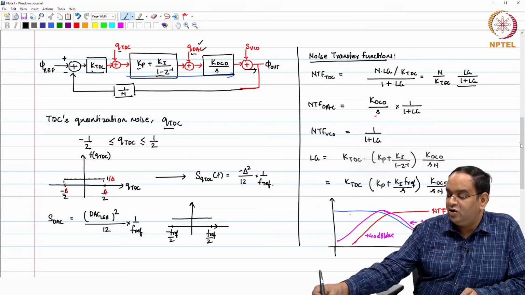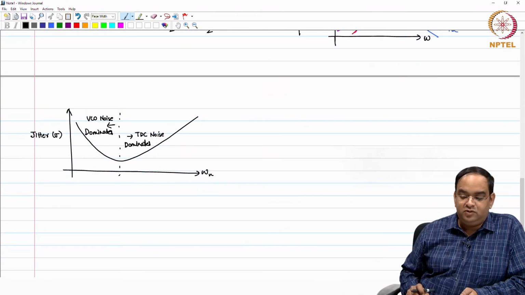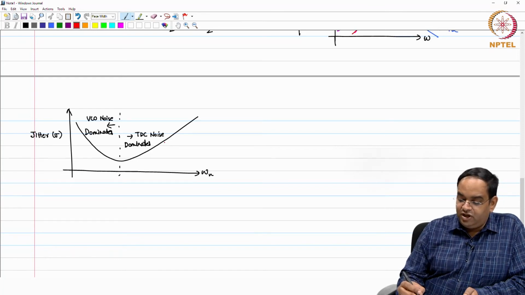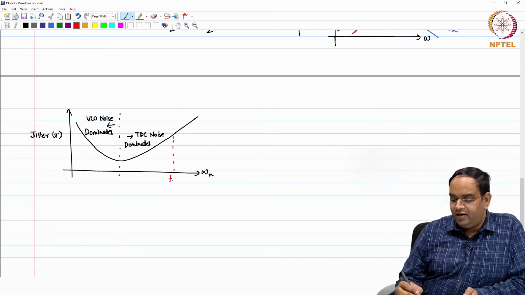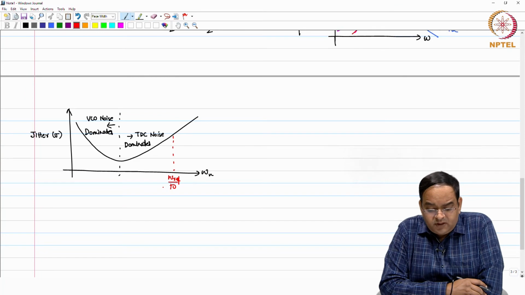Most of the time you would like to keep your bandwidth much smaller than omega ref by 10, because you would like to suppress the TDC noise.